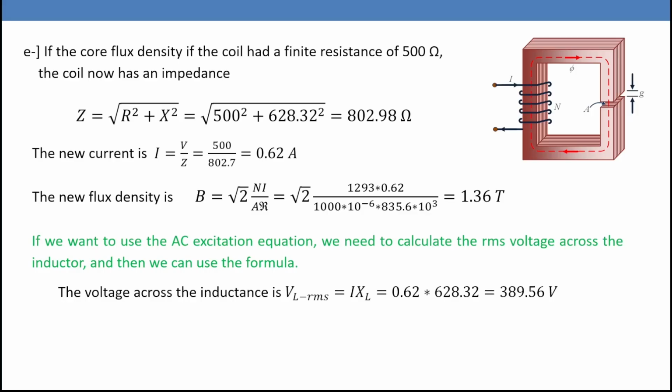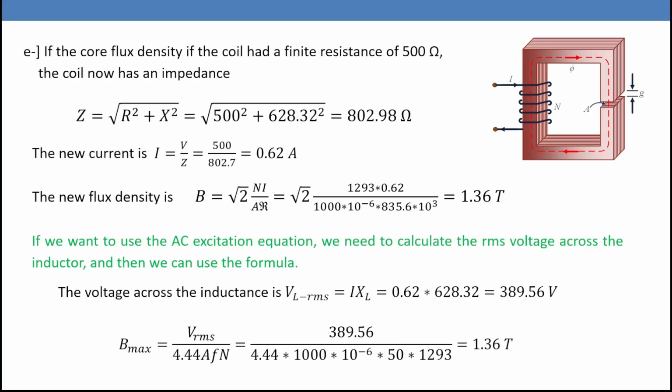What is the voltage across the coil alone, or the inductance alone? That one will be 389.56. So from this one we can calculate the B using the 4.44 equation. So B maximum equals VRMS over 4.44 area Fn, using the voltage only across the coil.